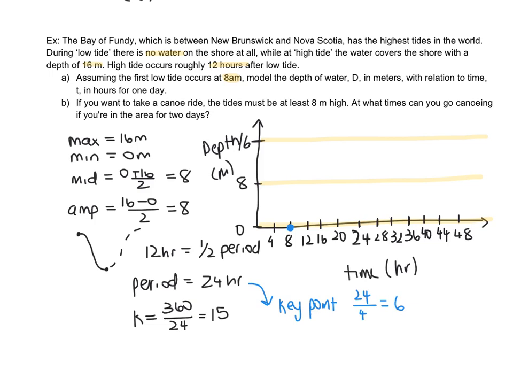So from 8, if I add on 6 hours here, then I will be at 14. So halfway between 12 and 16. And then from 14, if I add on another 6, I'll be at 20. Add on another 6, I'll be at 26. Add on another 6, I'll be at 32.